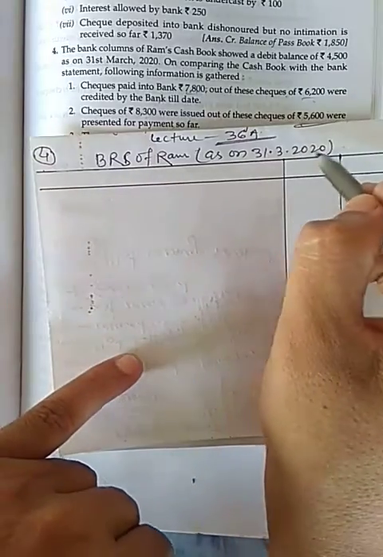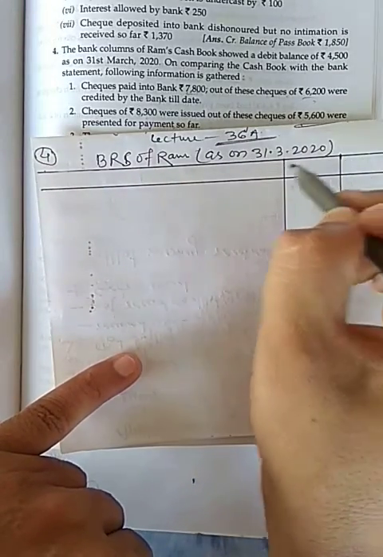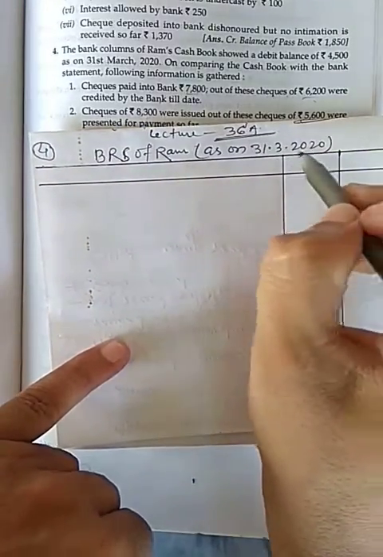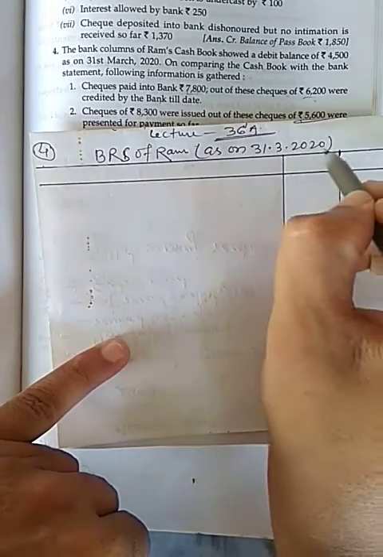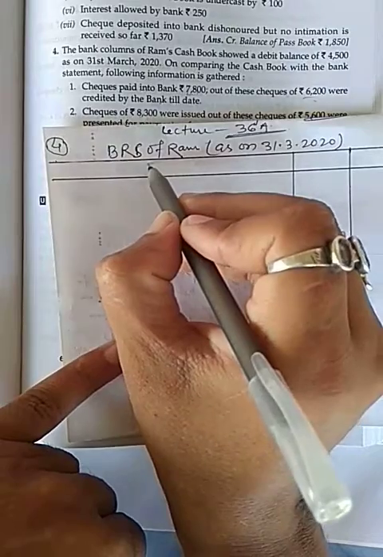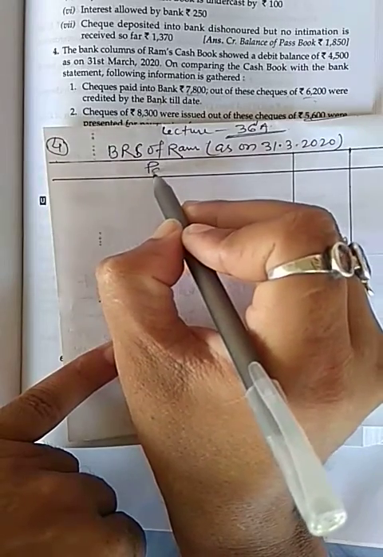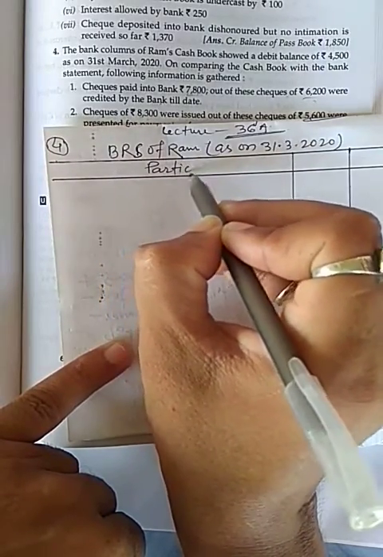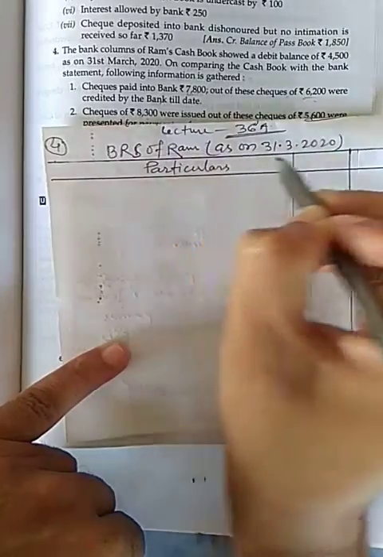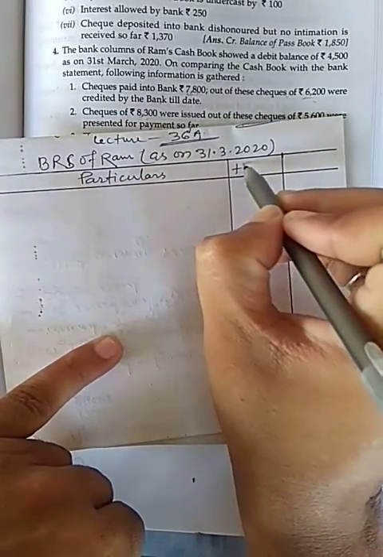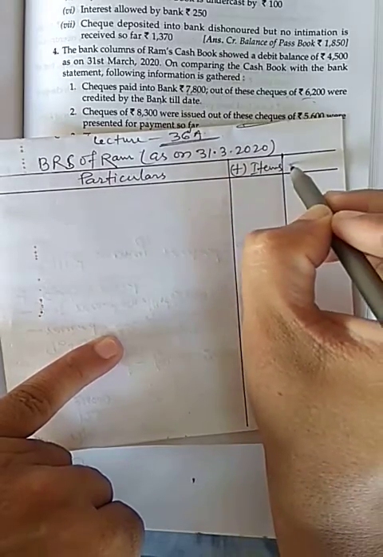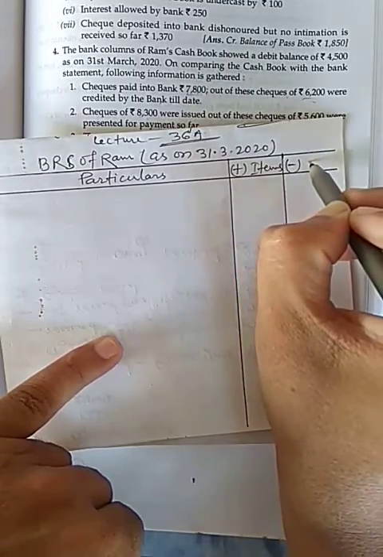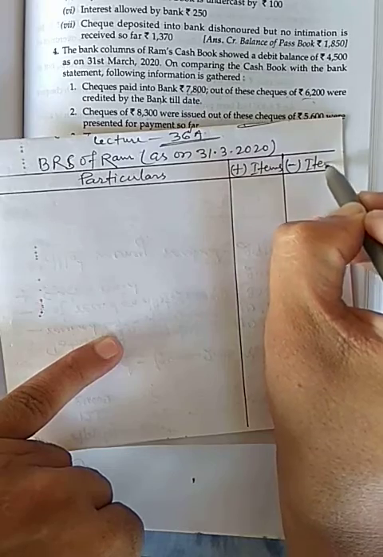It has been prepared on 31st March 2020, and this is particular, plus item, minus item.